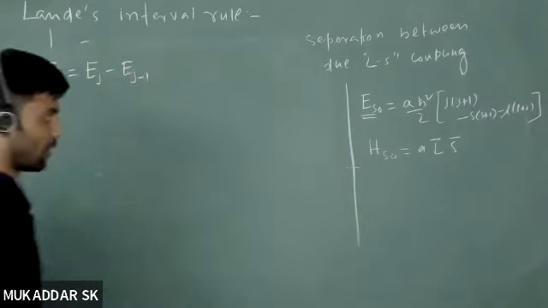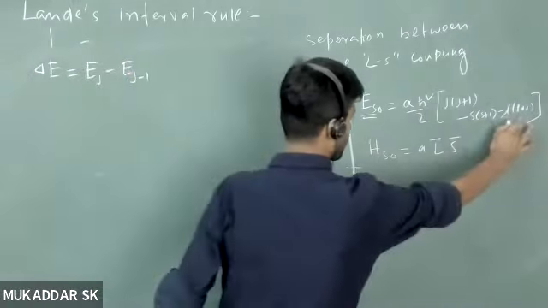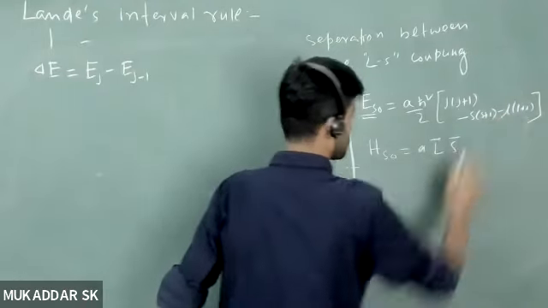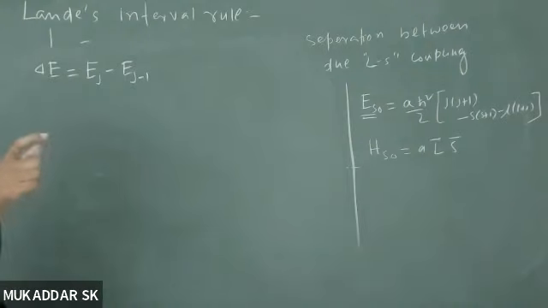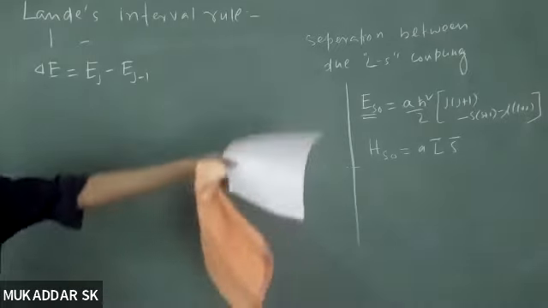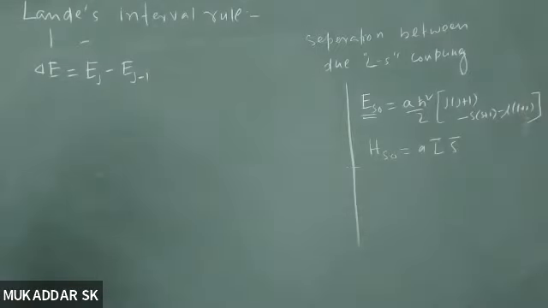For particular L and S, I am taking L and S constant because I am calculating the energy separation between 3F2 and 3F3. For both, L is constant, that is L equals 3. Also S is constant, that is S equals 1. So I am considering that L and S are constant.